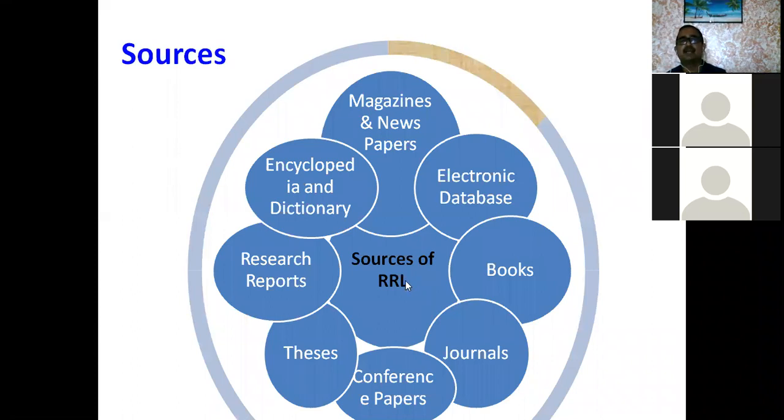So these are the magazines, newspapers, electronic database. But for electronic database, please be careful. You see sources like Wikipedia. This cannot be a reliable research source of your information, because Wikipedia can be edited by anybody, so it cannot be a reliable source of your information.